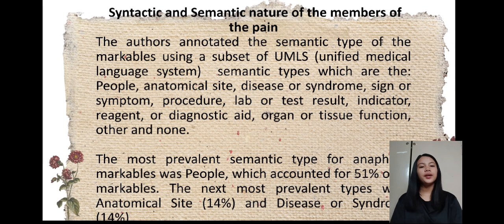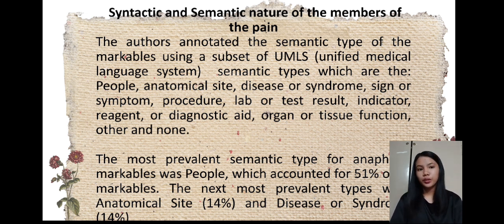Moving forward to the syntactic and semantic nature of the members of the pairs, the authors annotated the semantic type of the markables using a subset of UMLS, or the Unified Medical Language System, semantic types, which include people, anatomical site, disease or syndrome, sign or symptom, procedure, lab or test result, indicator, reagent or diagnostic aid, organ or tissue function, other, and none.